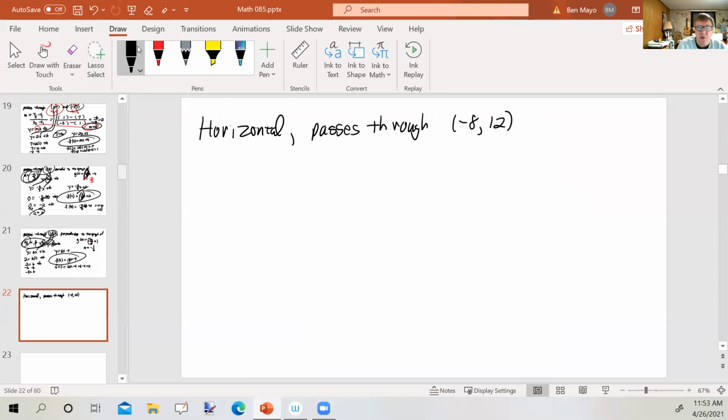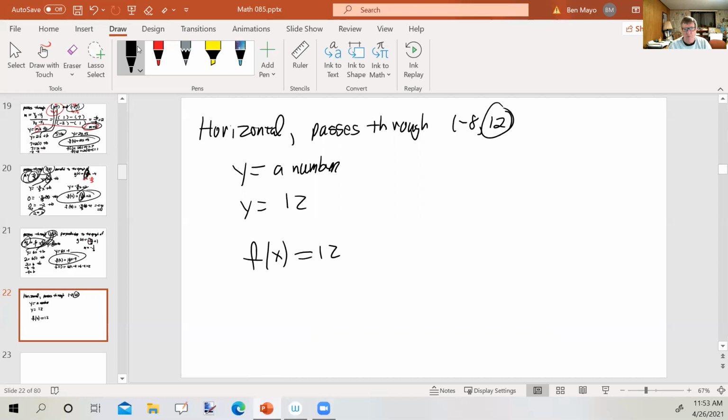Well, if it's a horizontal line, it's going to be in the form y equals a number or a constant. Well, the y value is 12. And then using function notation, f of x equals 12. So a horizontal line, y equals whatever the y value is, and then a function f of x equals that.